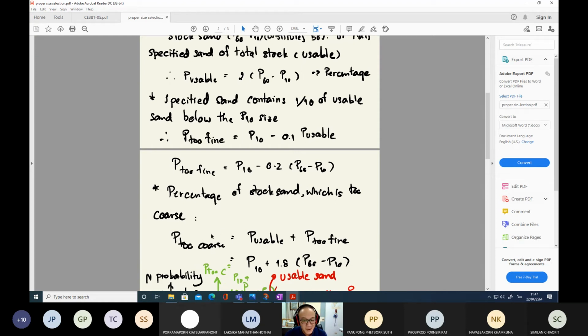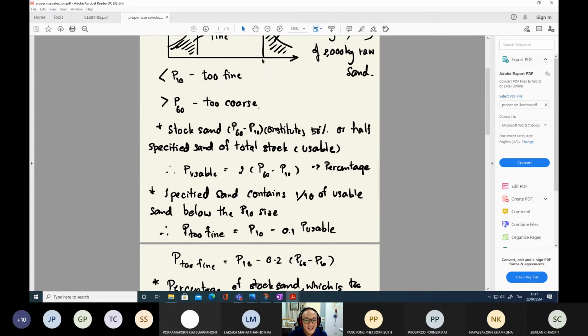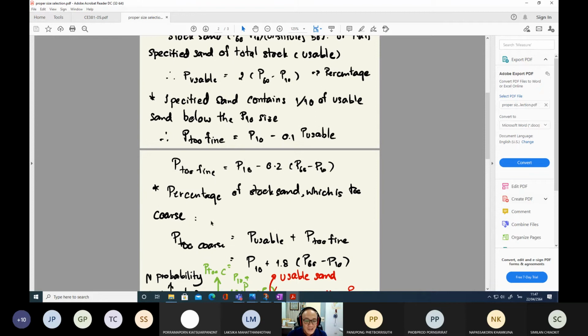And then if you want to determine the P2 cost, this is 2.5, and then this is 2 cost. The P2 cost is equal to the P usable plus the P25. So P usable is this one, 2 times P60 minus the P10, plus the P25, which is P10 minus 0.2 times P60 minus the P10.